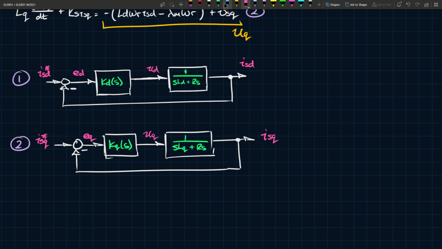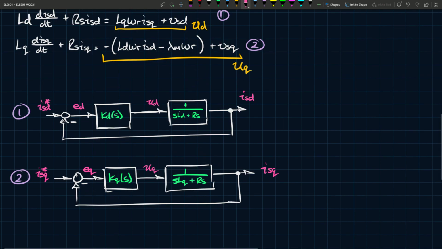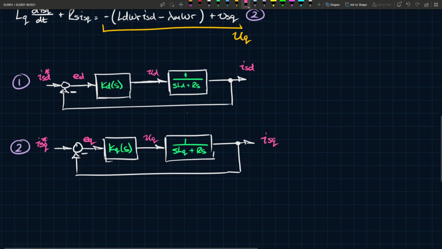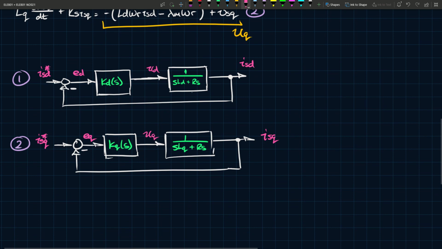So then you can generate your VSD and VSQ references based on UD and UQ, and so on, based on what ISQ is, based on these relationships up here. Right? So, what's next?